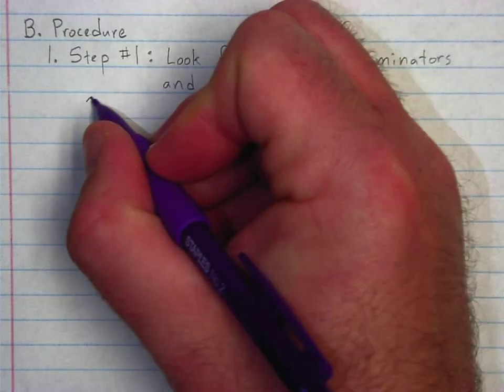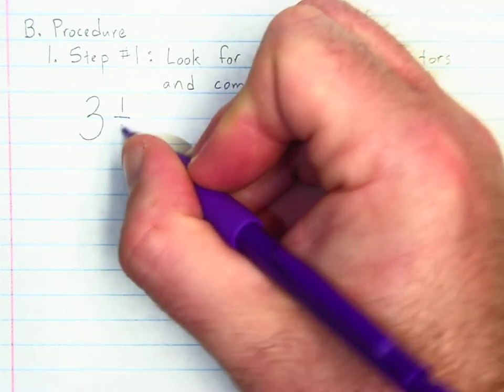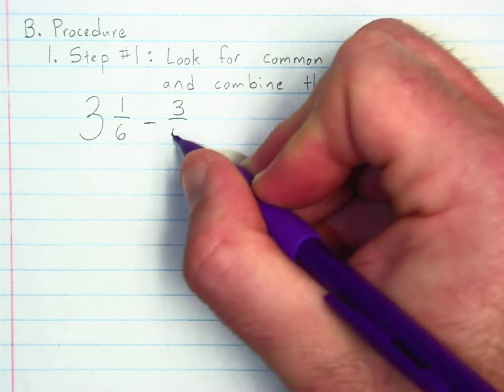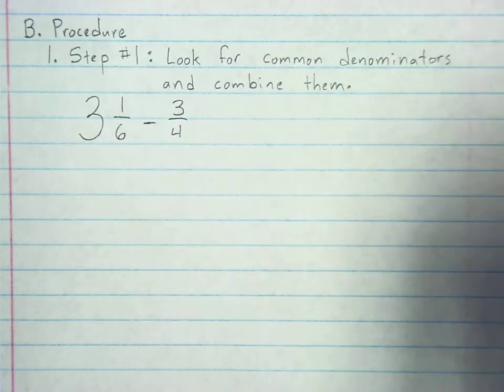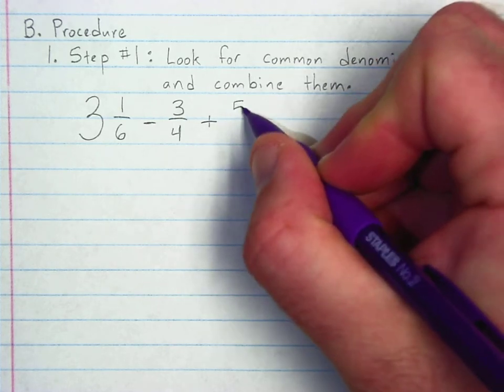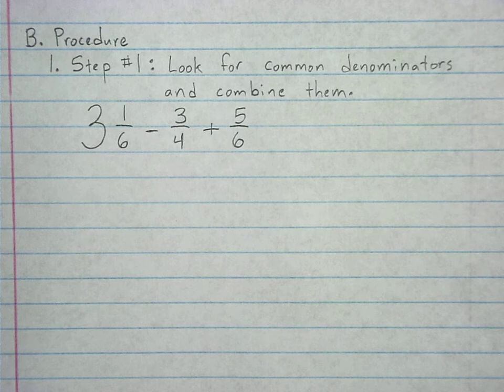Let's say I give you something that looks like this. 3 and 1/6 minus 3/4 plus 5/6. Oh no, there's 3 terms. What do we do? You can handle that.